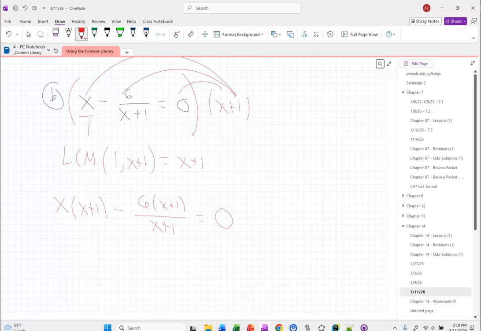Since 2 and 3 are both prime, their least common multiple is just 2 times 3. 1 and x plus 1 are both prime polynomials because they cannot be factored any further. Their least common multiple is just 1 times x plus 1, so that's just x plus 1. What do you notice that we can do here?